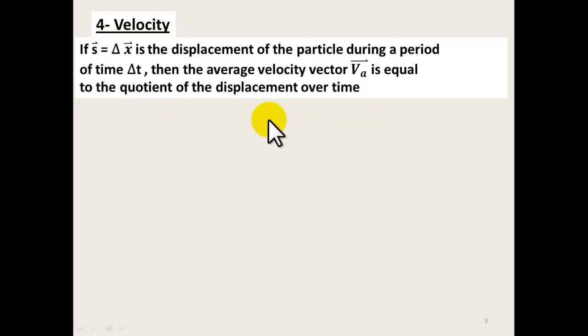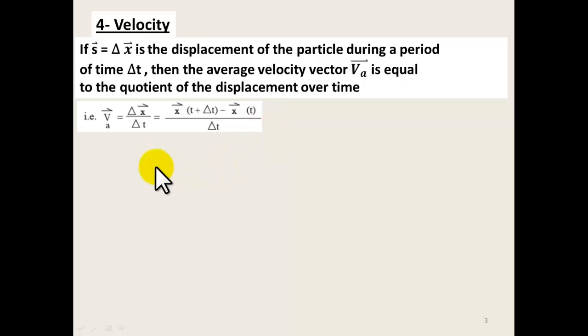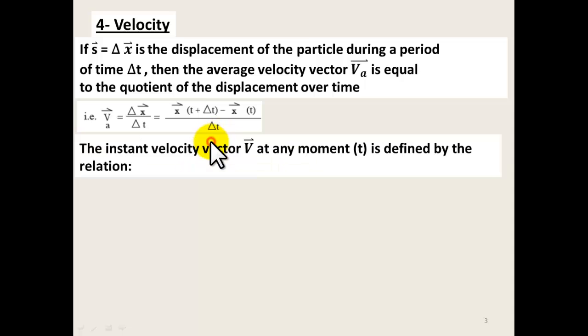It's very, very important. So V_A, the average velocity vector, equals delta x over delta t. Delta x is the change of the position. It is x(t plus delta t) minus x(t), over delta t.